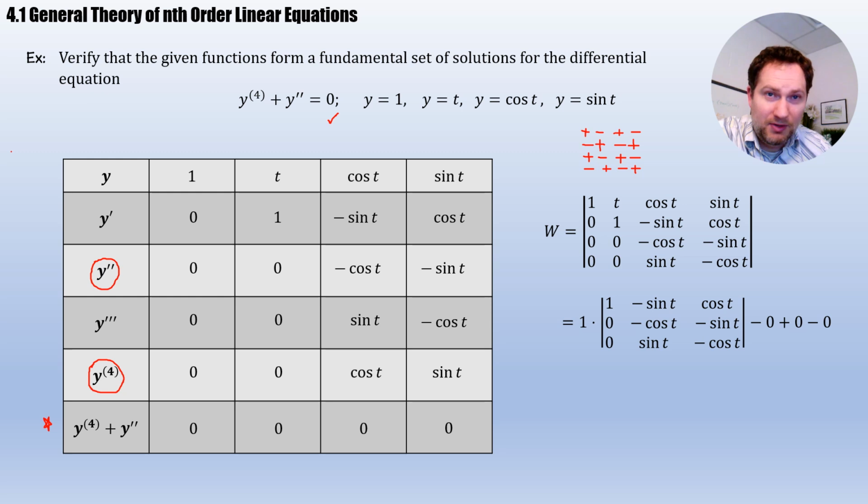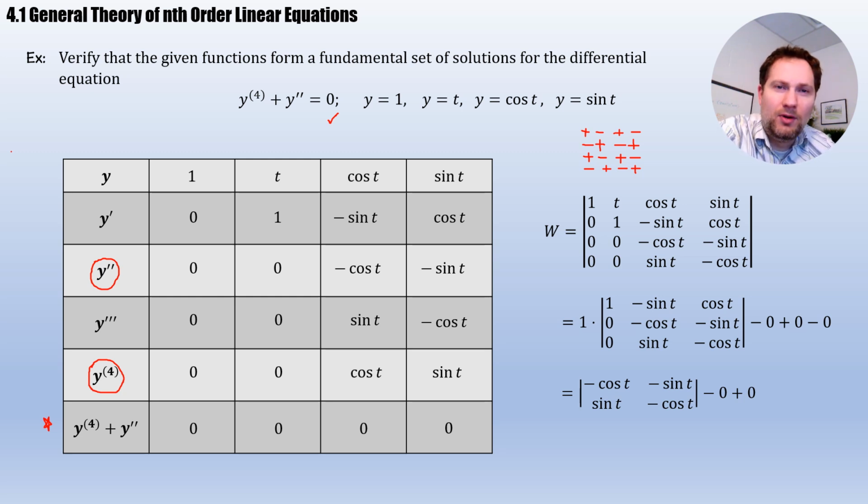So we'll do that. It'll end up just being 1 times the determinant of this matrix, and the other things will be 0. You maybe were intimidated by a 4x4 determinant, but because of all those zeros, we make pretty quick work of this, and we just get 1. Since that's non-zero, we have verified not only that these are all solutions, but also that they form a fundamental set, and the Wronskian shows that.